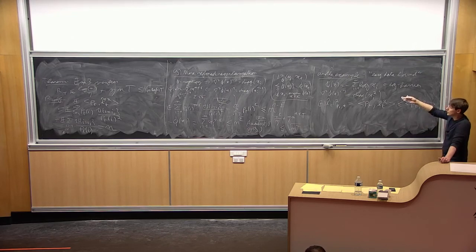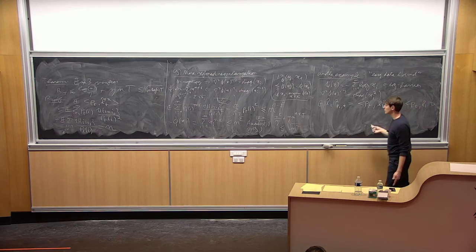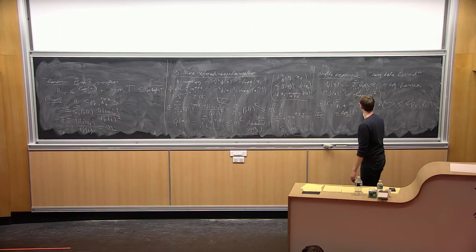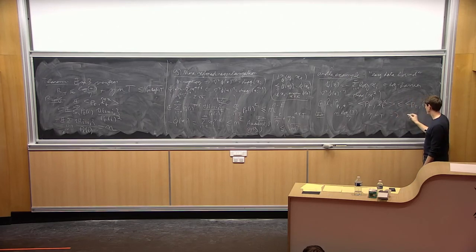Of course, you need to care about the range, and for the range, you have to be a little bit subtle. You have to not allow things to get too close to 0. I will not do it, but it's simple. And in the end, what you get is basically, let's say, they don't get closer to 0 than 1 over t. Then this could be as big as log t, but you have n terms. So what you get, really, theorem, is that the bound is n log t over eta plus eta Lt, which when you optimize, you will find square root of n log t Lt star.